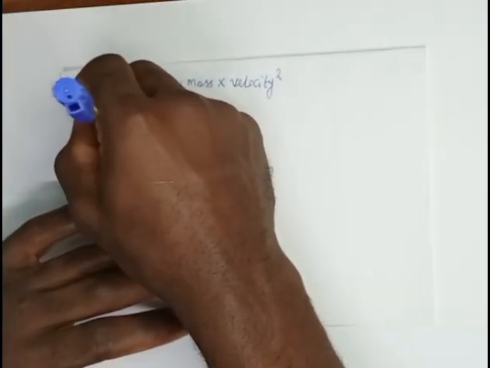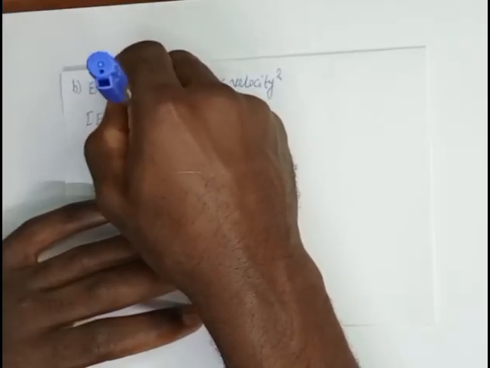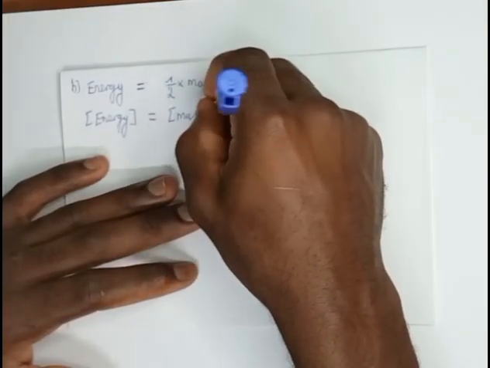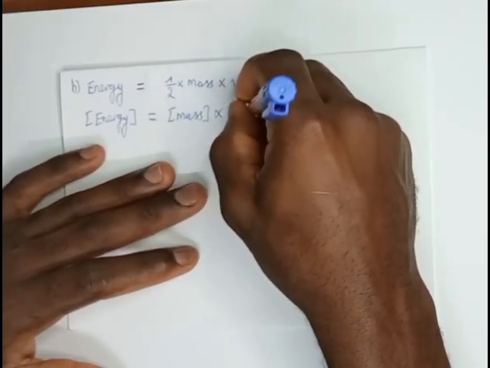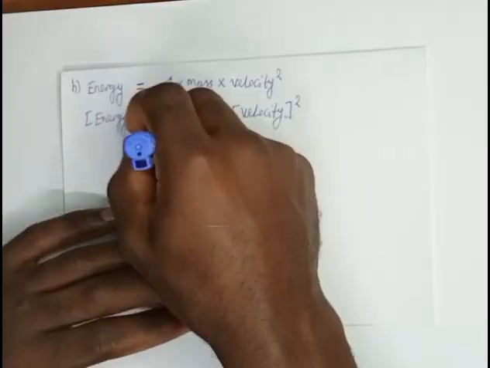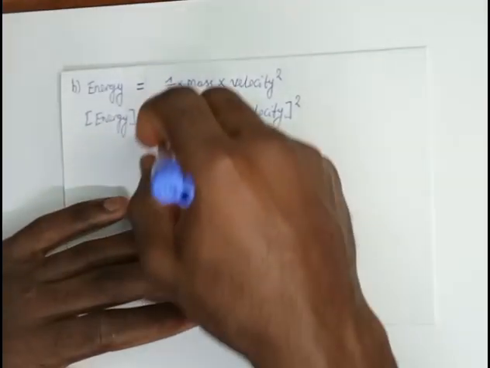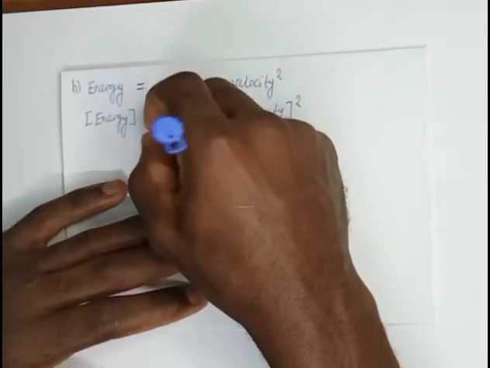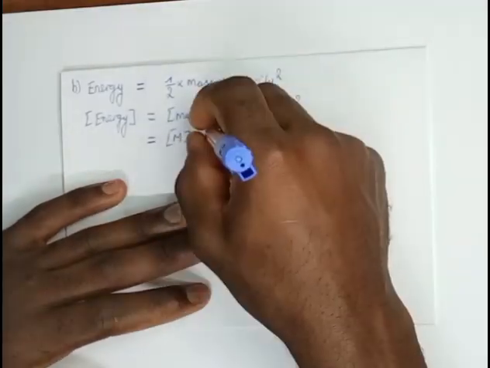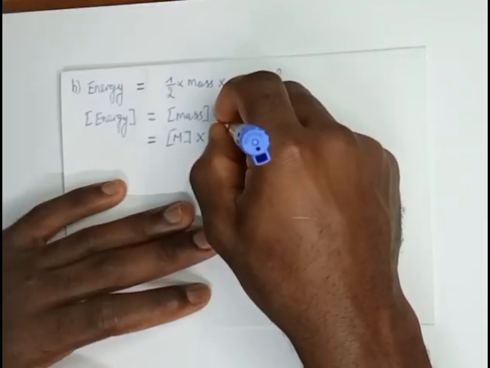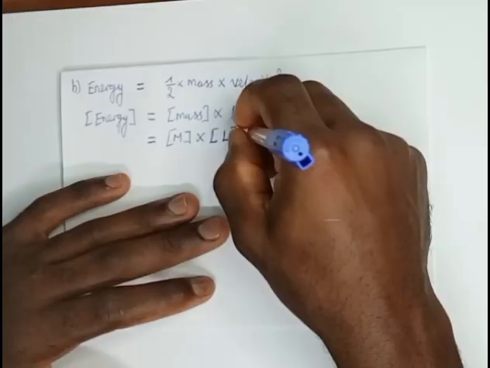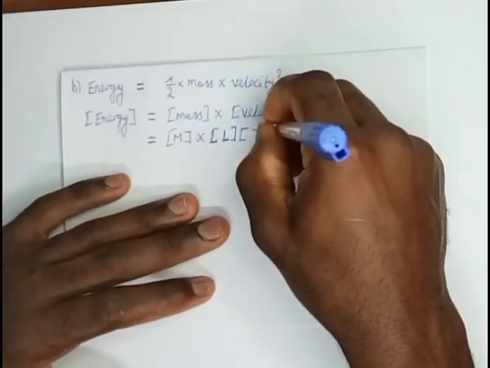Simply means the dimension of energy will simply be equal to, you take the dimension of mass, you multiply by the dimension of velocity squared. This will give us the dimension of mass, which is m. We will multiply by the dimension of velocity, which is L times T to the power -1.